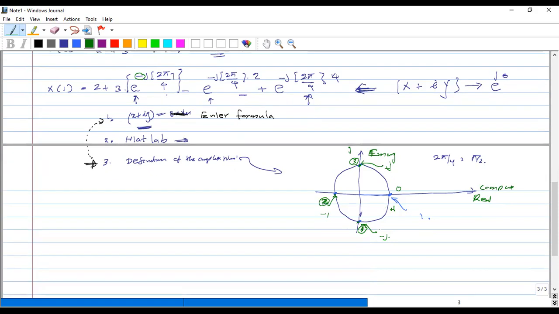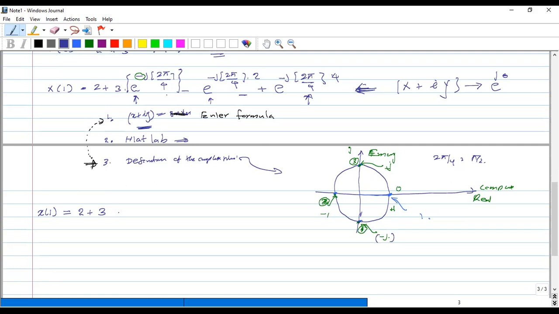Okay, so I will use this one. We have x1, that is 2 plus 3 e to the power minus j 2π by 4, times 1. Here we have 1, so that means this is the point, and you have minus j here.